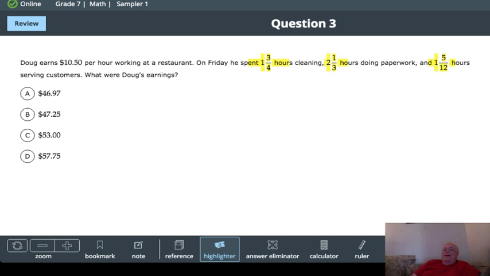So that doesn't help us. So what we need to do is figure out how we can start adding these things together. So I noticed there's a 4 and a 3 and a 12, and adding fourths and thirds is going to give me twelfths anyway. So there's a couple ways to do this, but we could just jump in. So let me bring this up again.